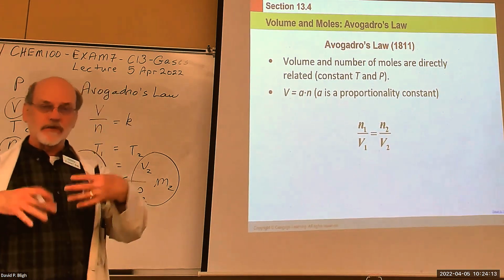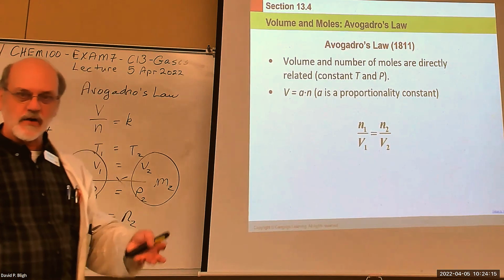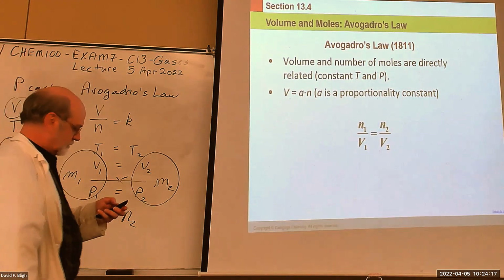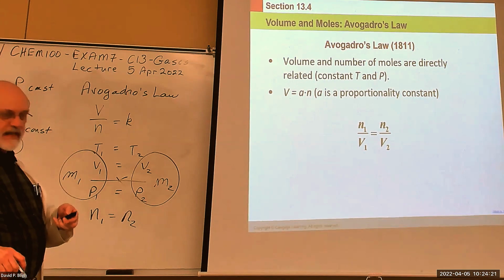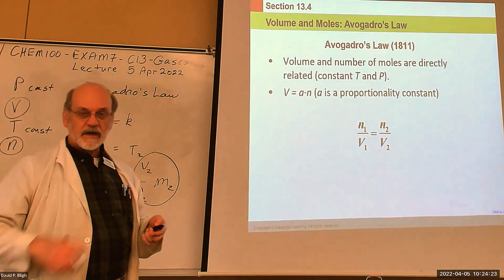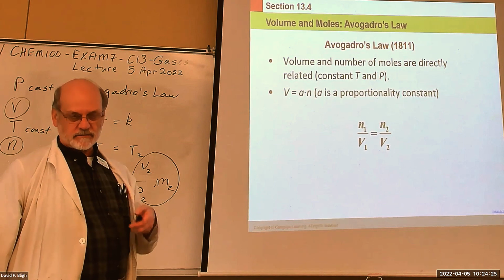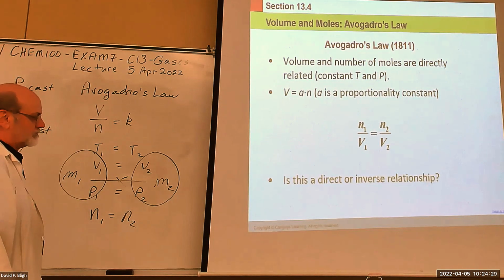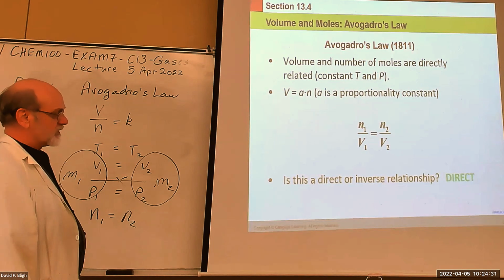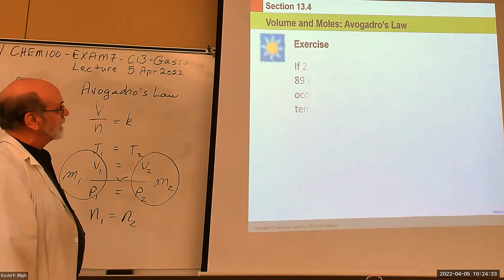And they started solving their problems, to make a long story short. Okay, so that was Avogadro. And he was given credit for this law, even though Cannizzaro popularized it. Right, so this is a direct relationship.